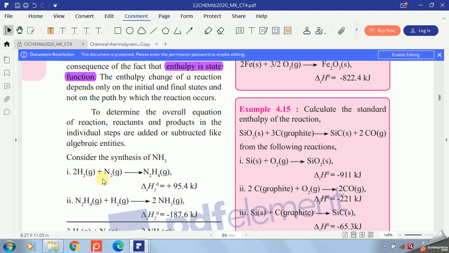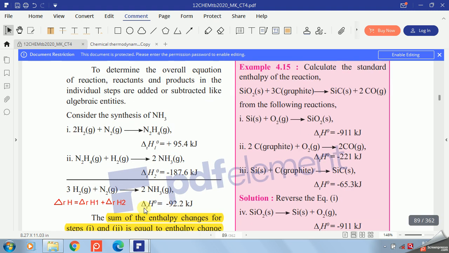Let us consider the example. 2H2 plus N2 gives N2H4 gas. This is the first reaction, and the standard enthalpy of this reaction is plus 95.4 kilojoule. Then N2H4 plus H2 gives 2 times NH3. The enthalpy of reaction 2 is equal to minus 187.6. Now what is the combined equation? Write down reactant to reactant and product to product.